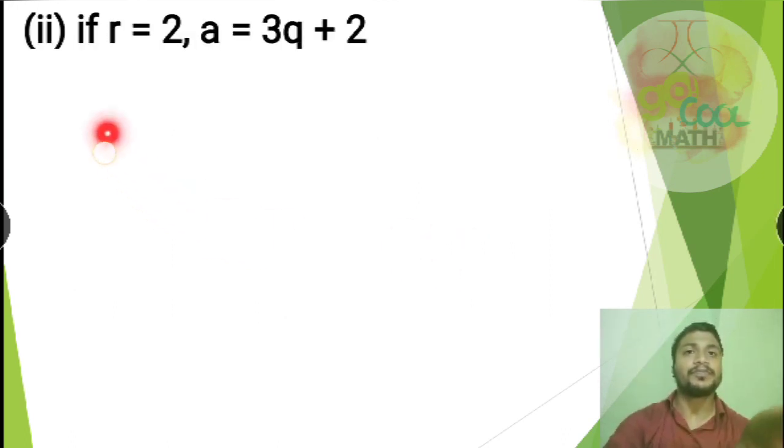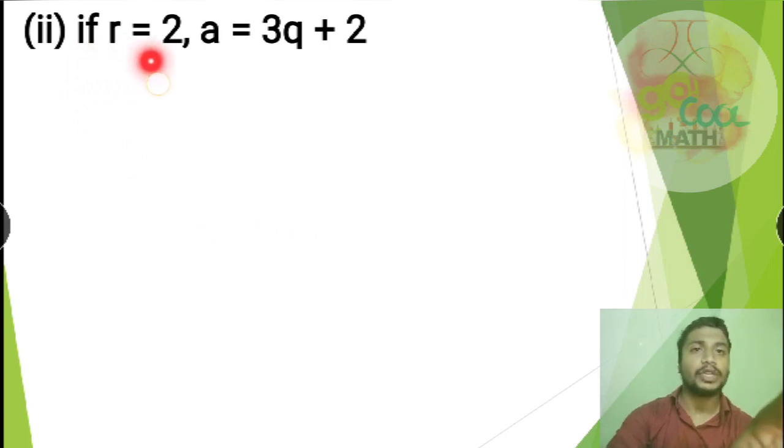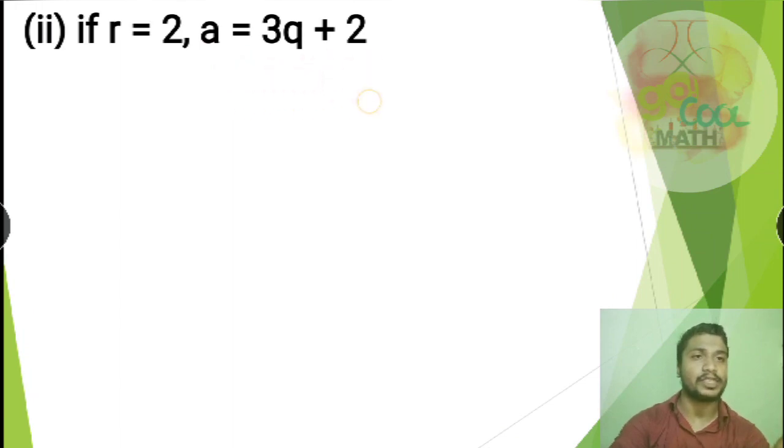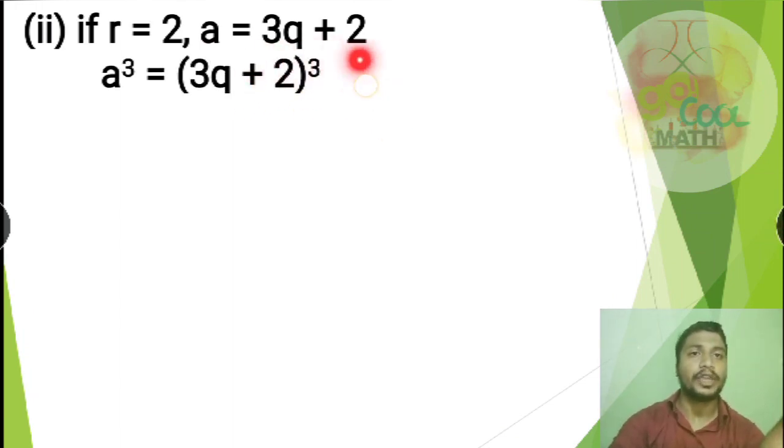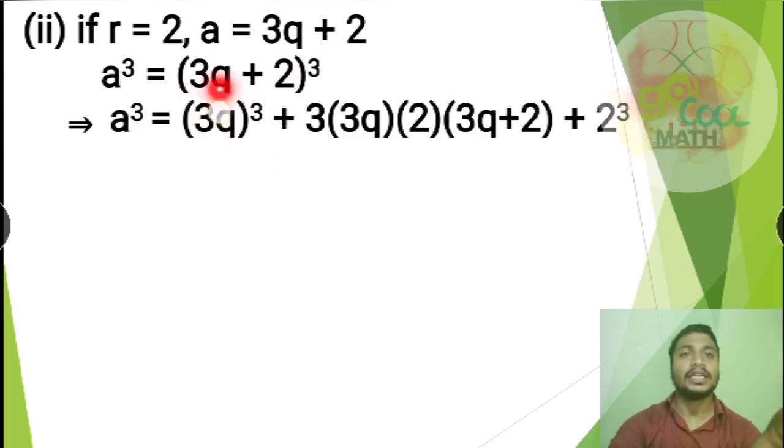Similarly, if you put R is equal to 2, then the lemma becomes A is equal to 3q plus 2. So let's cube on both sides. A cube is equal to 3q plus 2 the whole cube, and you all know that a cube plus 3ab into (a plus b) plus b cube.